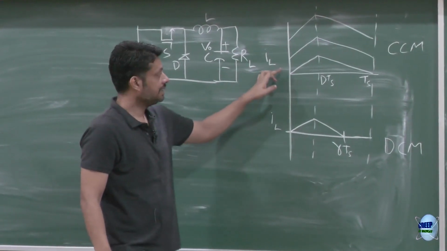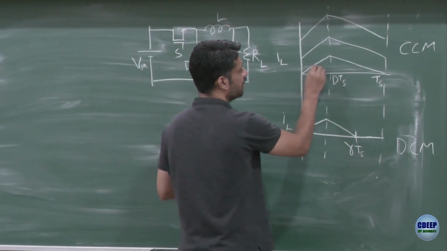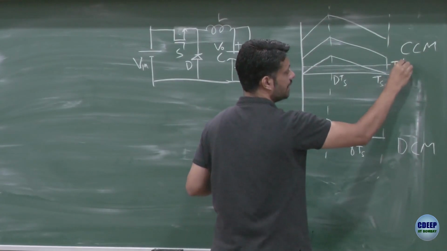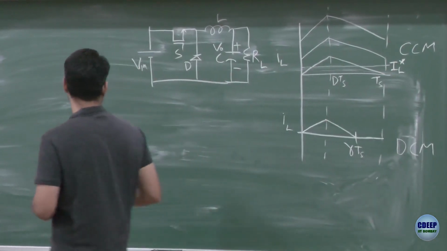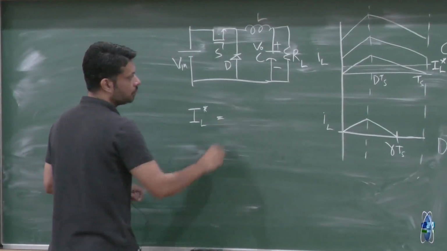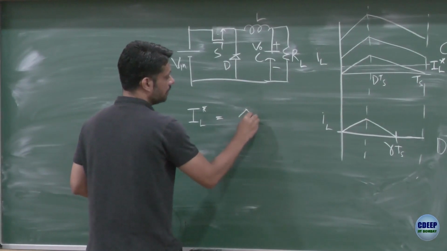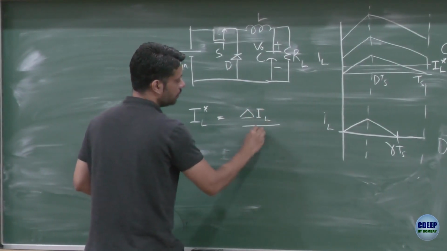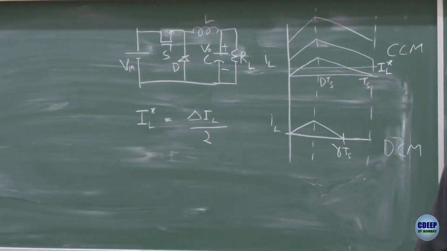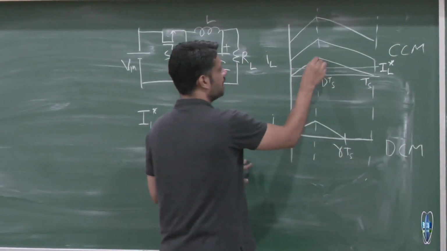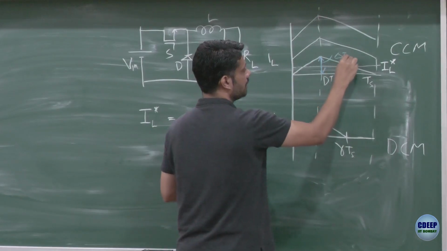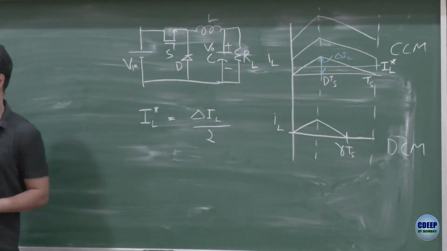In this case, the average inductor current, let me put it as the star mark, is nothing but equal to delta IL by 2, where delta IL is this peak to peak value in this limiting case.